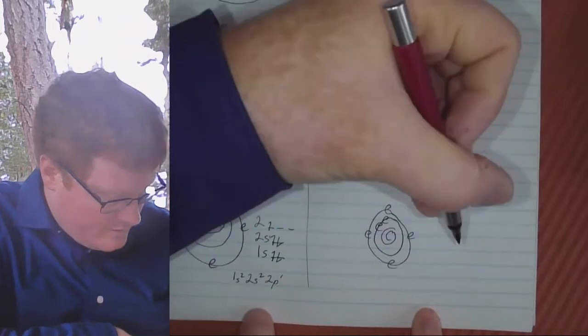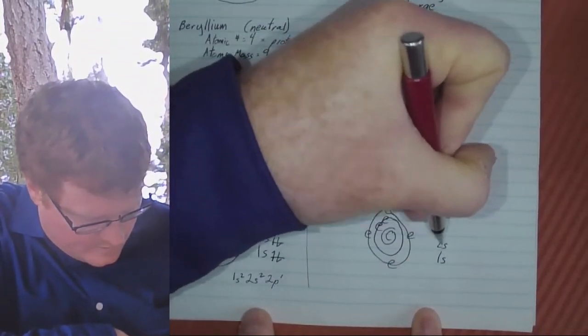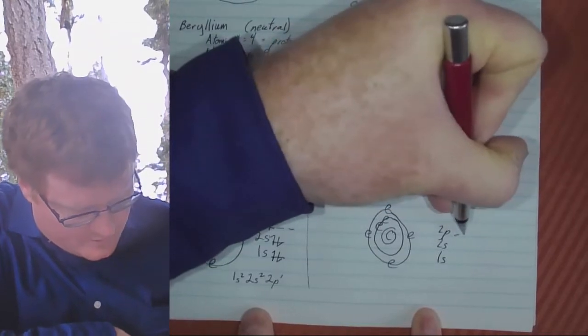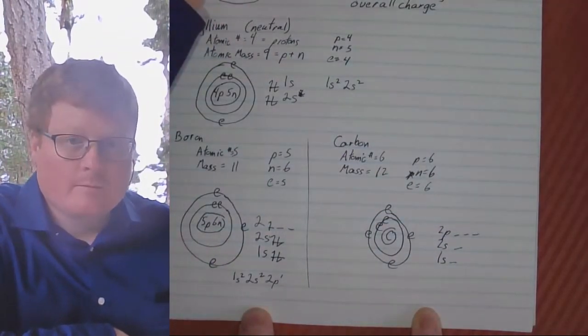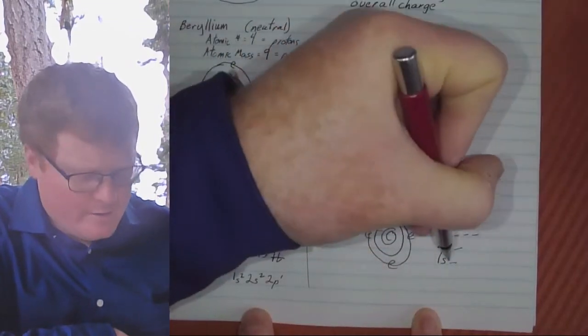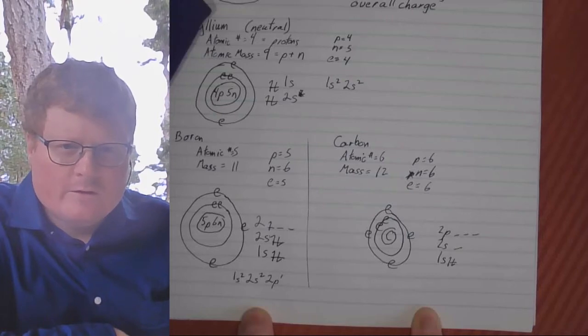Carbon. Now again, we're starting in here at 1s, 2s, 2p. You're going to begin to notice a pattern. The shell prior to the shell that the element is in is always going to be full.